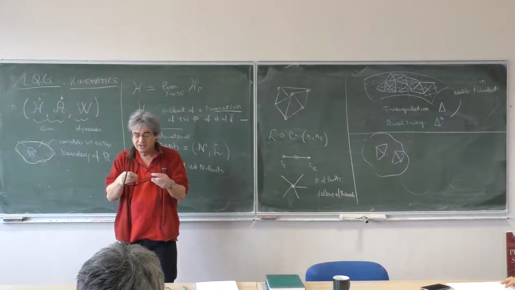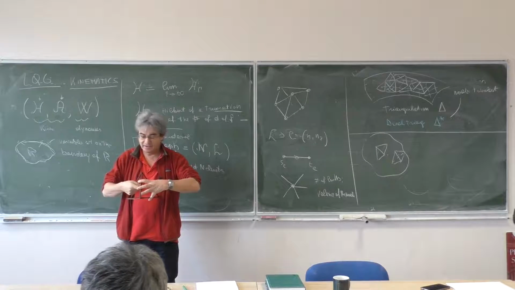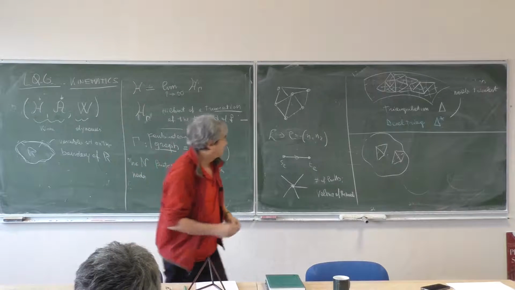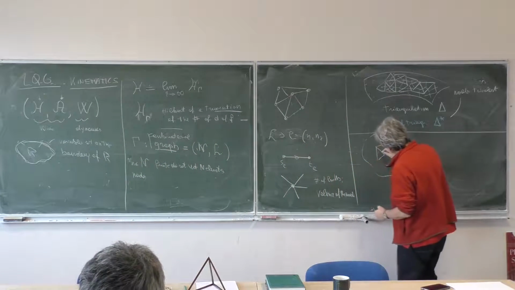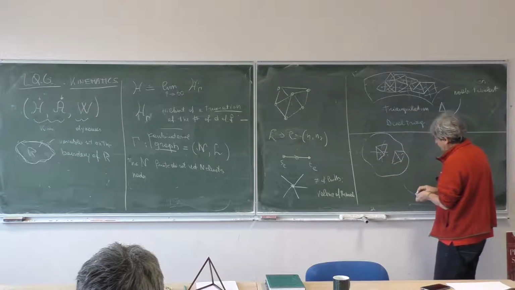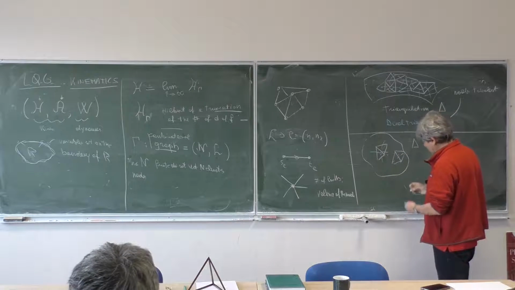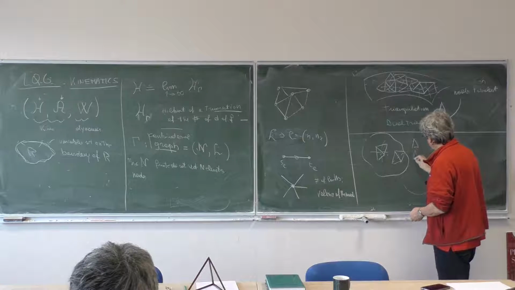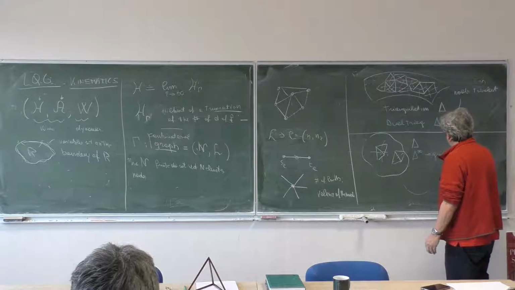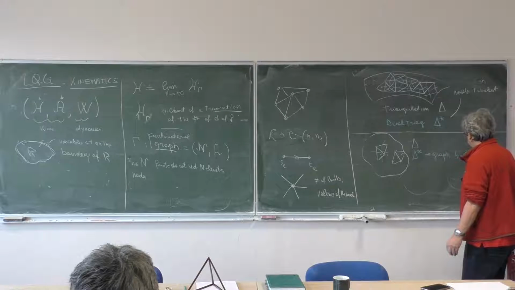You pick up a point, and when 2 tetrahedra are nearby, you connect them by a link. So you get a graph, exactly like before. So you have a triangulation, and you have a dual triangulation, and this defines a graph, which is 4-valent.